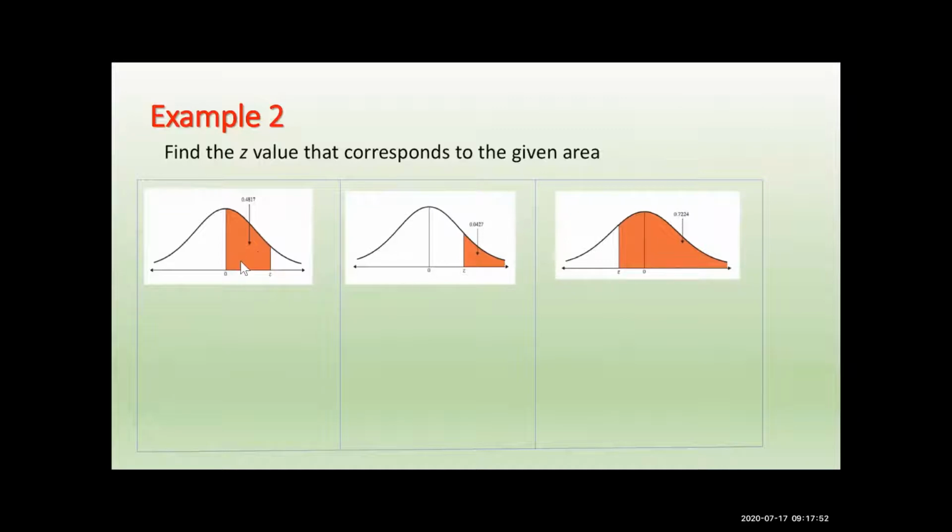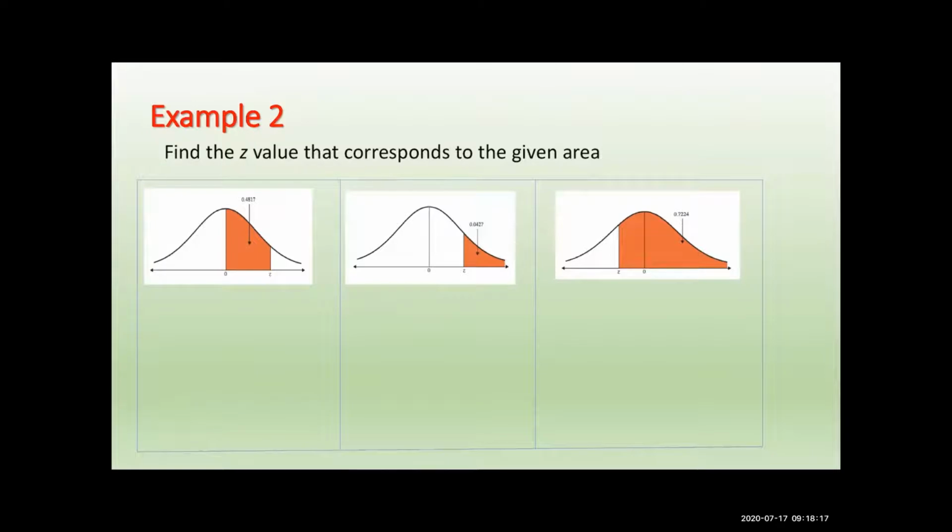So in order to find the z-score, the score along the x-axis, it can be a z-score for standard normal distribution. Otherwise, it will be the x value, the continuous normal variable, if it is just a normal distribution. In order to find the x value or z value in your calculator, let me show you.